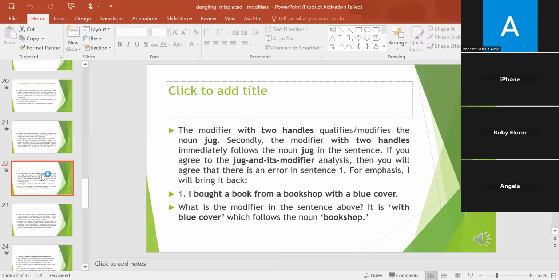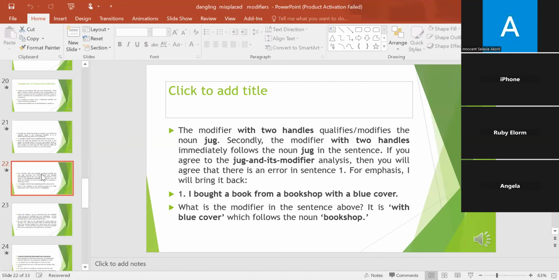I bought a book from a bookshop with a blue cover. What is the modifier in the sentence above? It is with the blue cover, which follows the noun bookshop. So I'm saying that I bought a jug with 2 handles.